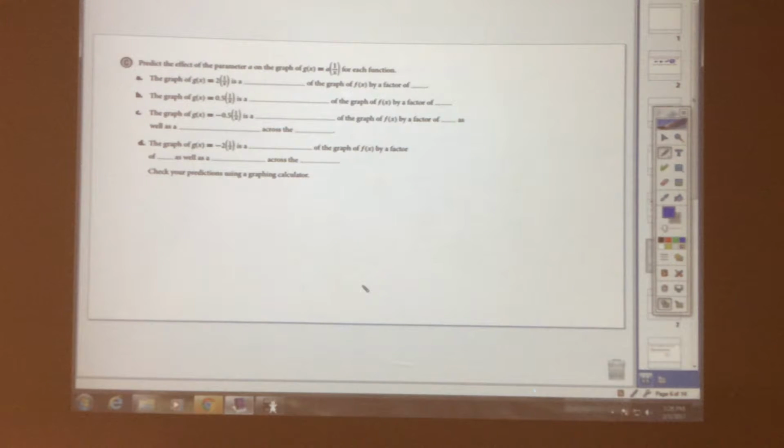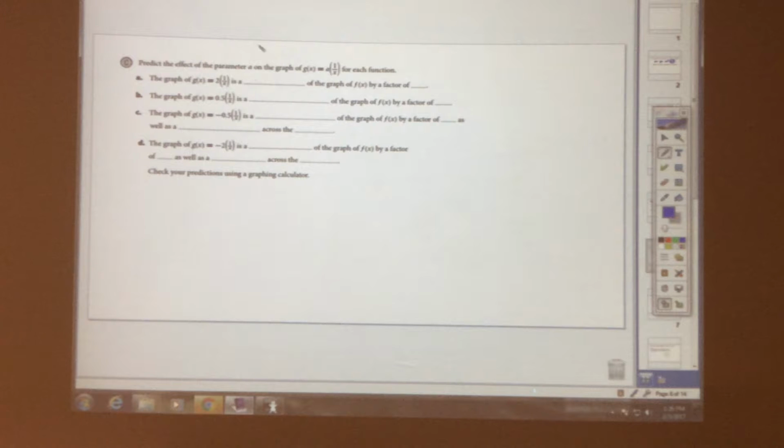All right, part C. Now we're going to add the A out front. The A out front is a what? It's either going to be a stretch or compression, but is it vertical or horizontal? Vertical. We talked about out front. I always say V stands for Vernon, and Vernon's out front.